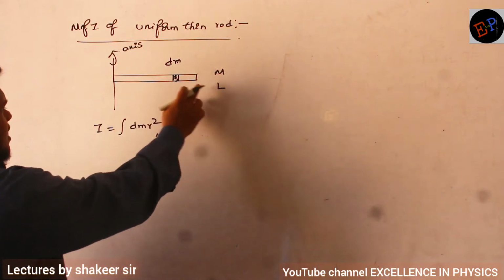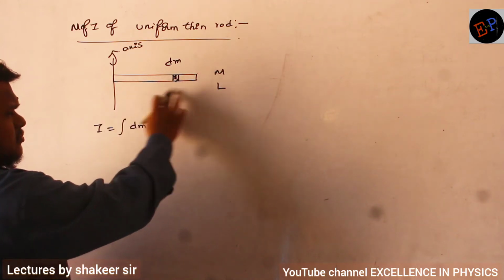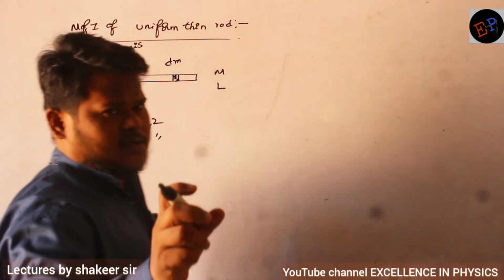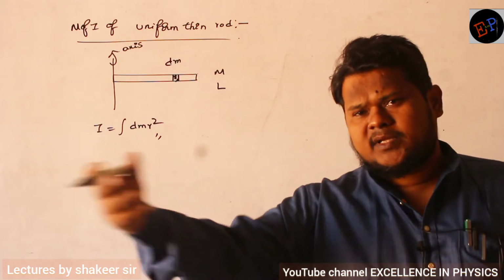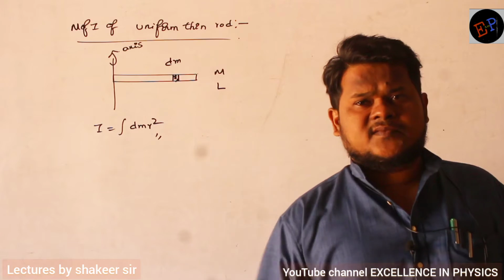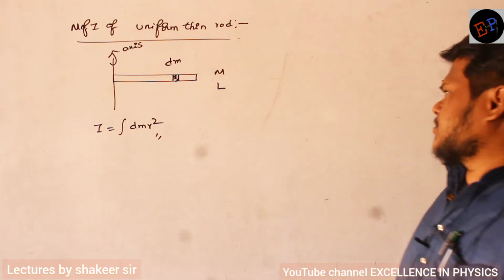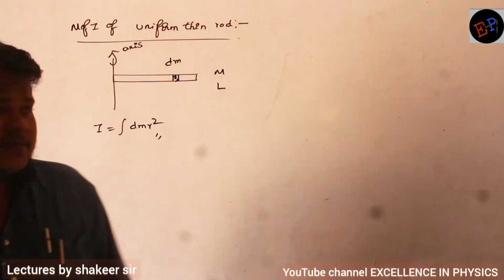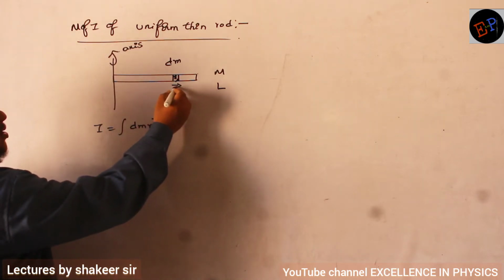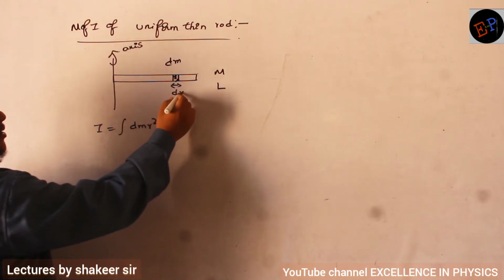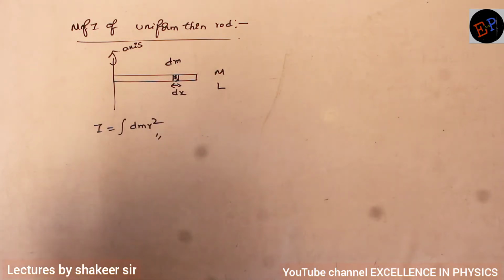And see, here mass is distributed in length only, no? In the case of a rod, how is the mass distributed? Along the length. If the length increases, the mass of the rod also increases. So therefore let us consider for this small mass, the length of this small dm which I have taken, let it be dx.